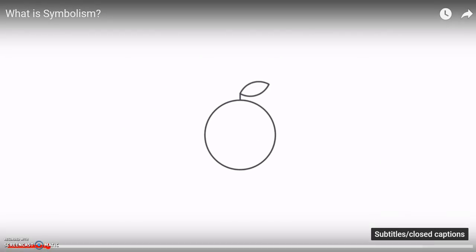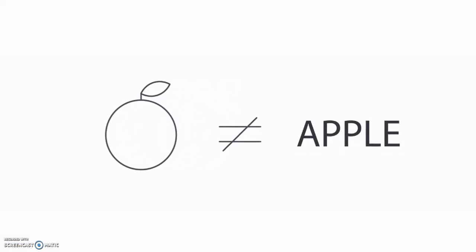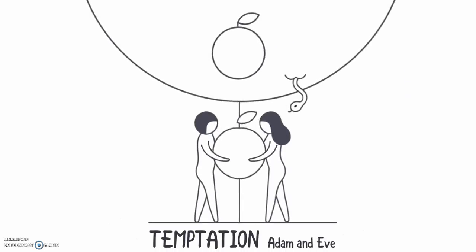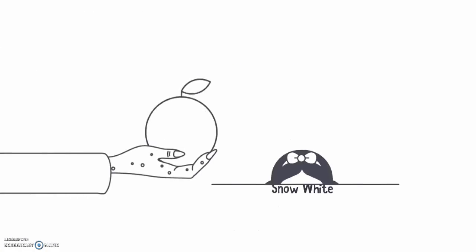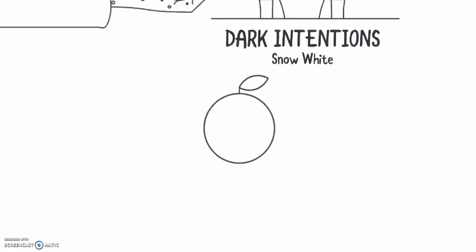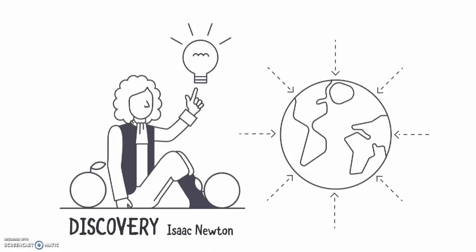This is an apple. But sometimes an apple isn't just an apple. An apple represents temptation in the story of Adam and Eve. In the story of Snow White, it represents dark intentions. To Isaac Newton, it represented his discovery of the theory of gravity.